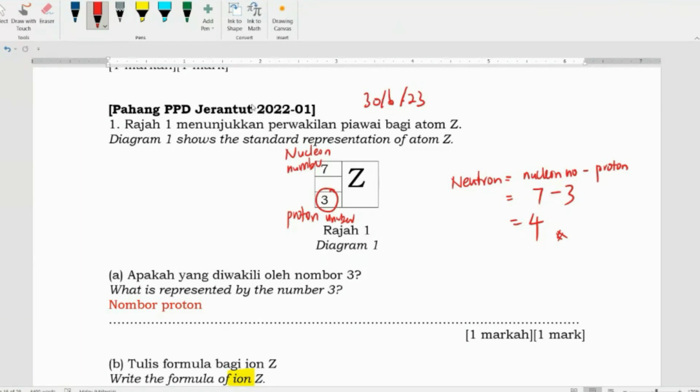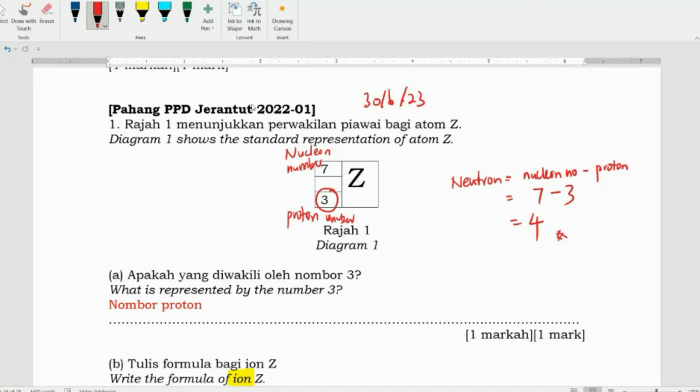So what is the formula? Z positive. Okay, positive. Why positive? Where does the positive come from? From the protons, yes, it comes from the protons.